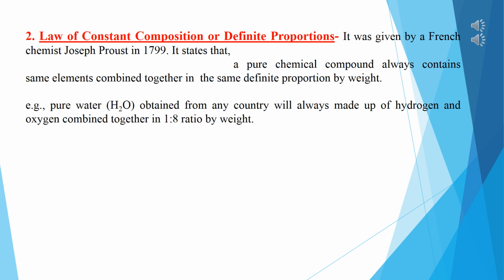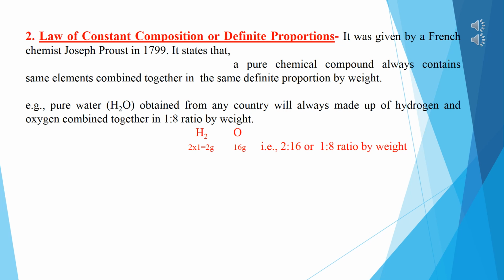So here in the molecule of water, the weight of hydrogen is 2 gram and the weight of oxygen is 16 gram. That is, the ratio comes out to be 2:16. So the simple whole number ratio is 1:8 by weight.